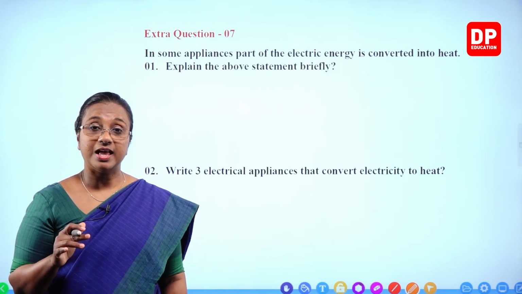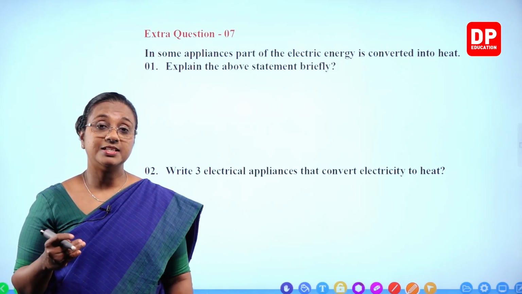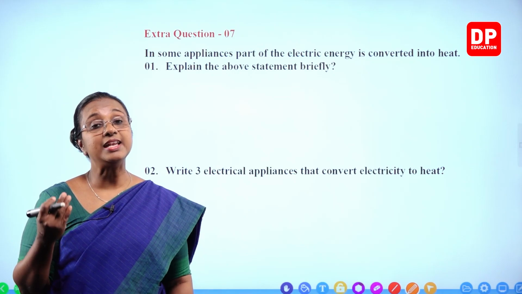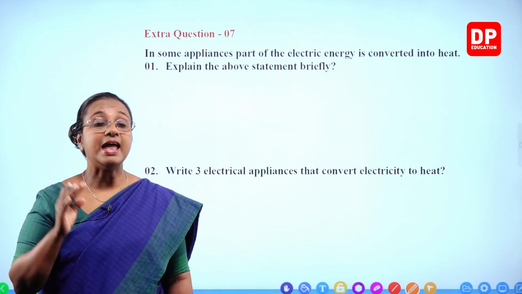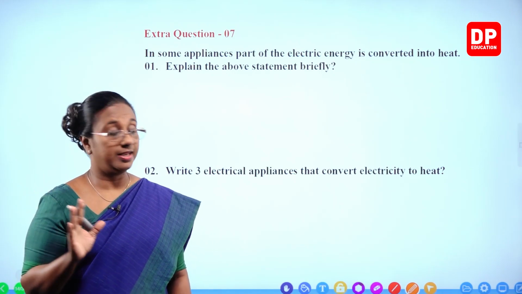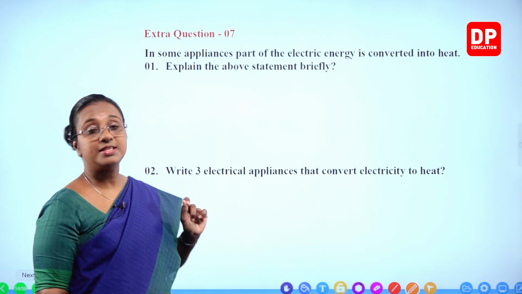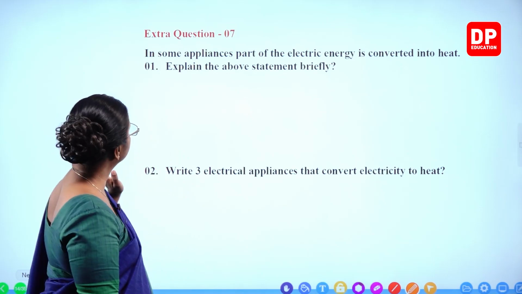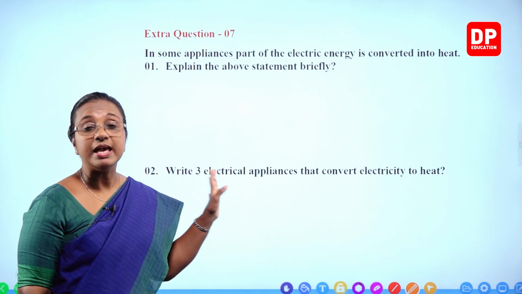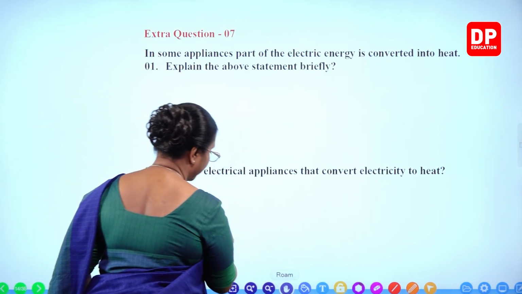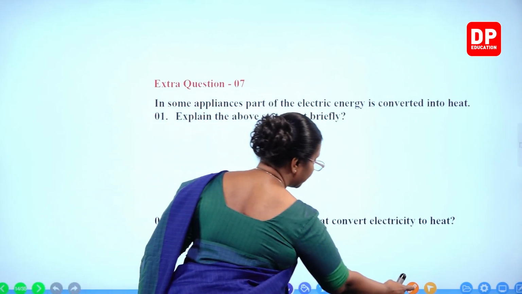So, because of that, a part of the electricity is used up against that internal resistance and it is converted to heat. So, you all know why this happens. Explain the above statement briefly. So, that is what you need to do. You need to explain the above statement. So, how do we explain this?